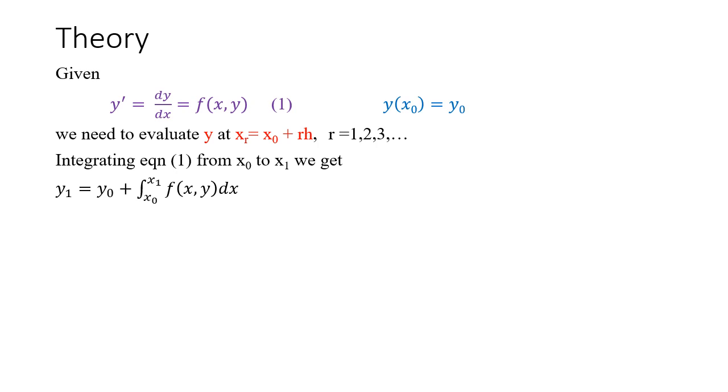In all the cases, the next value y1 is obtained by y0 plus the integral from x0 to x1 of f of x, y dx. The difference is in this integral. How will you approximate this integral?